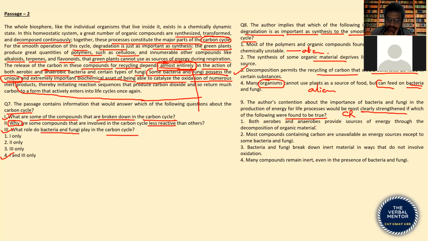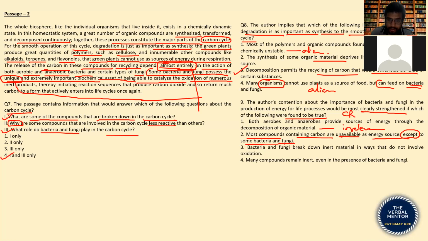Okay, let's see. Option 1, both aerobes and anaerobes provide sources of energy through the decomposition of organic material. Does not have any impact, irrelevant to the argument. Option 2, most compounds containing carbon are unavailable as energy sources except to some bacteria and fungi.